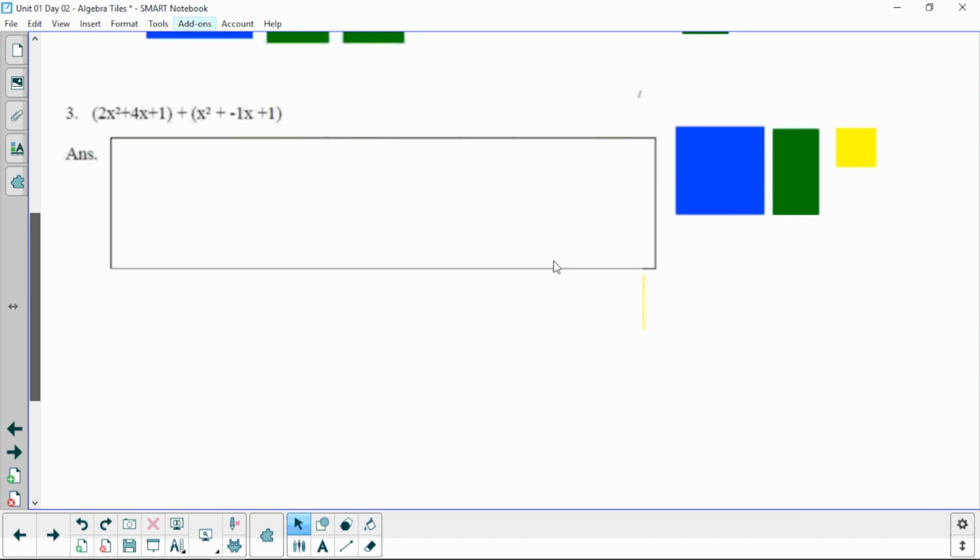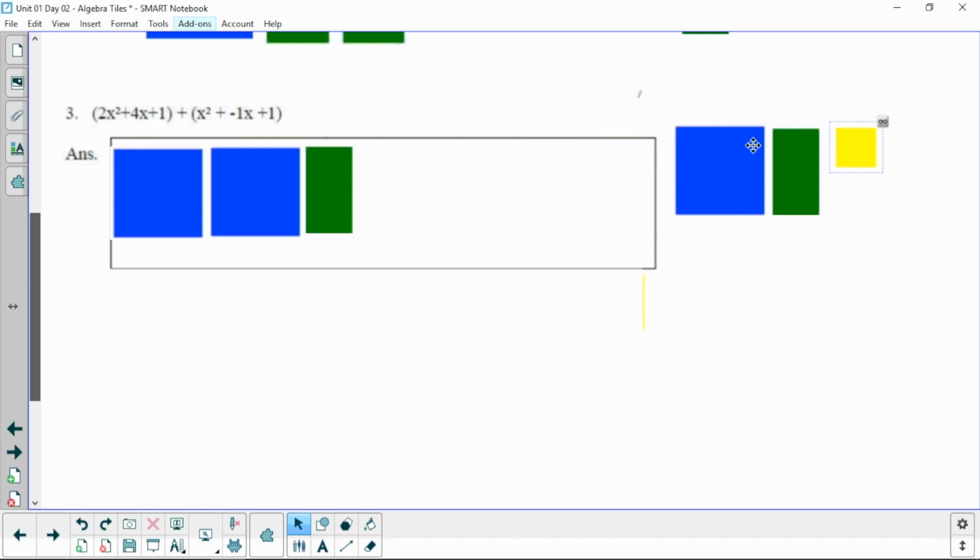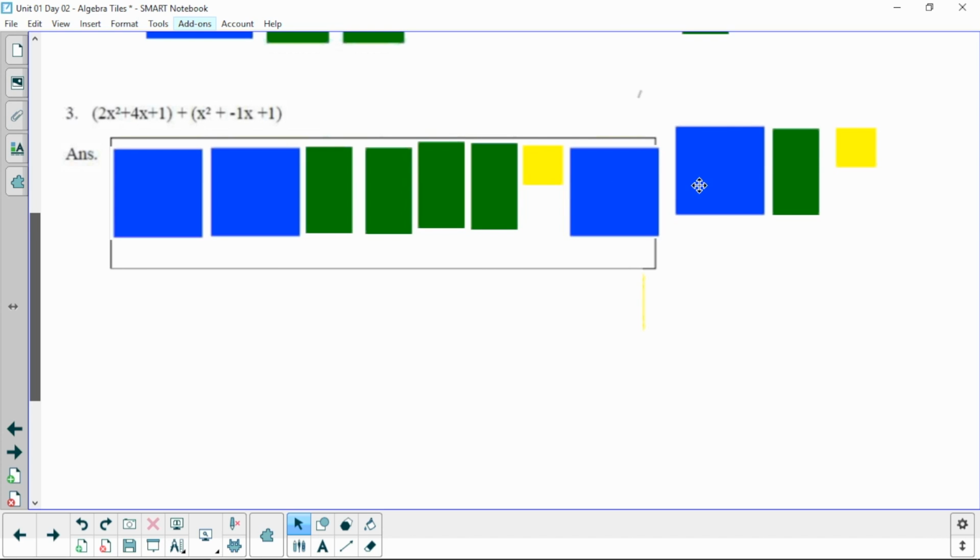Looking at the example number 3, we have 2x squareds. We have a 4x. And we have a 1. The other part of the expression, I've got an x squared.